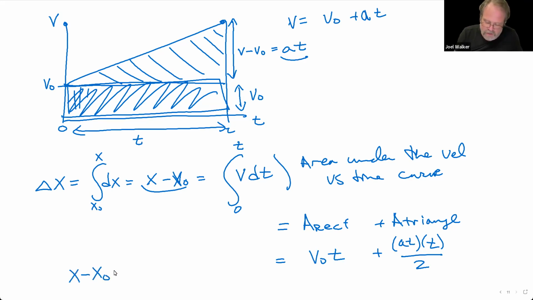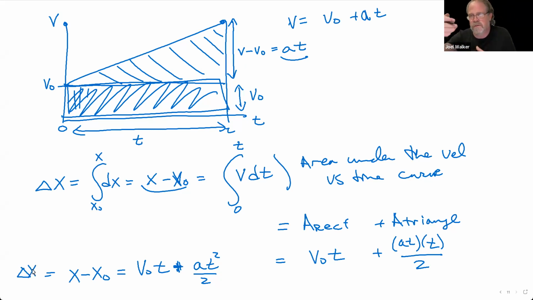X minus x naught is v naught t plus a t squared over 2. In other words, our familiar kinematics equation, sometimes written as delta x, or sometimes even just written as d, distance away relative to where you started.